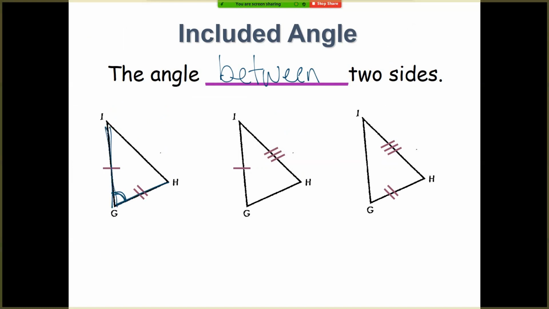So angle G is the included angle. If I look at the triangle in the middle, I know this side right here and this side right here, which means angle I must be the included angle. And last but not least, we know this side here on the top right, this side on the bottom, which means that angle H must be the included angle.